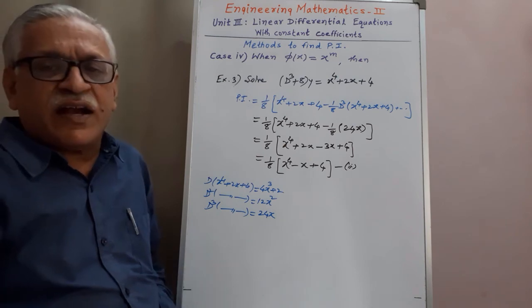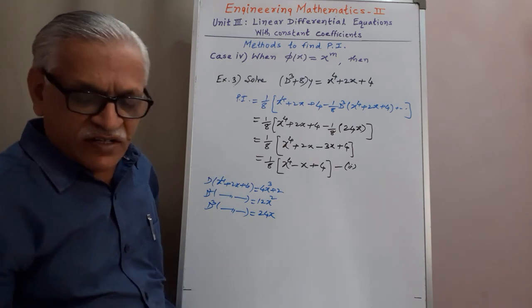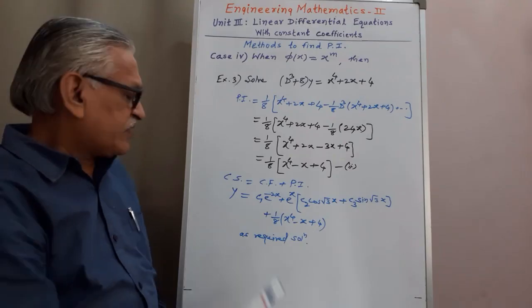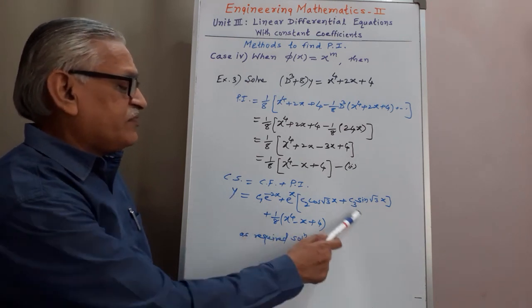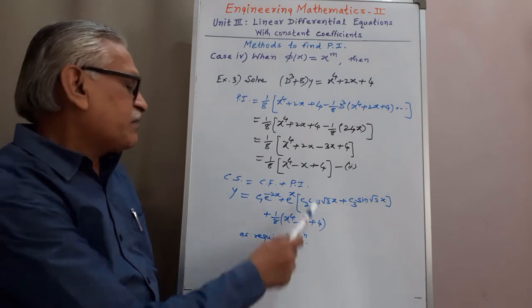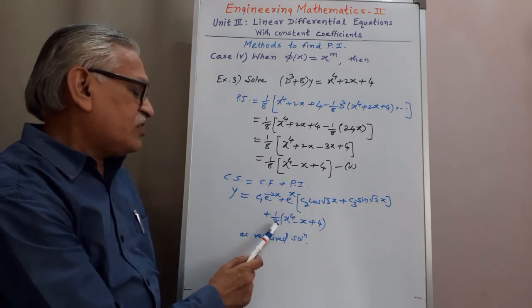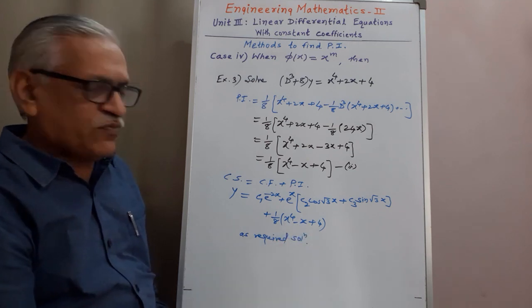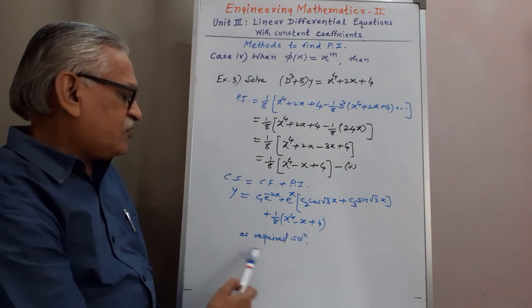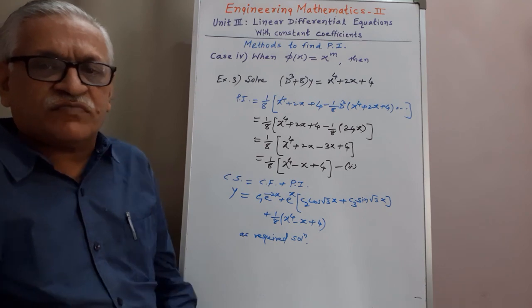Then adding this with CF, we get the required solution, CF plus PI. Therefore y equals this term as CF, equation 1, plus equation 2, that is 1 by 8 (x raised to 4 minus x plus 4), and this is the required solution.